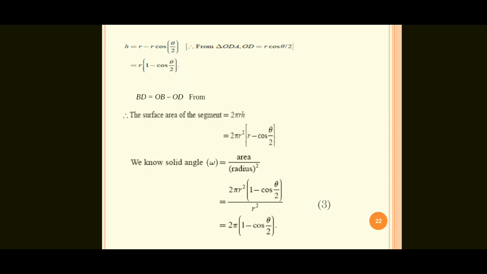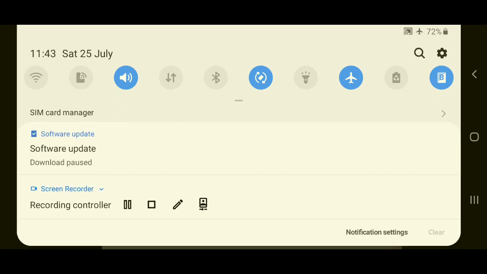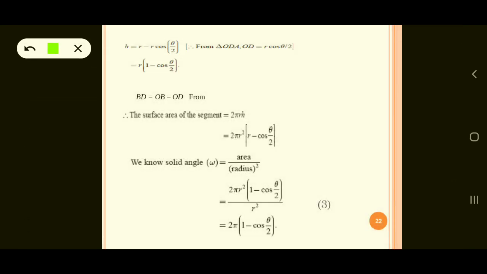Next, BD is equal to OB minus OD. Finally, the surface area of the segment is 2 pi R h. So the solid angle equation is area by radius square. Finally, we got 2 pi into 1 minus cos theta by 2.